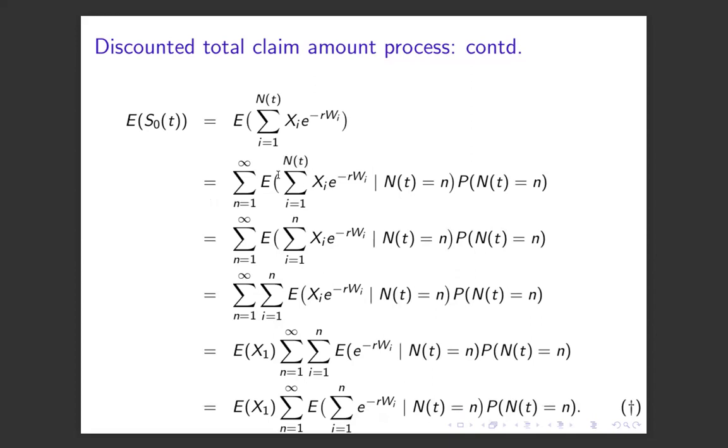So it is this object: summation over n going from 1 to infinity, expectation of summation i going from 1 to NT of Xi times e to the power minus r Wi, given NT equal to n, multiplied with the probability of NT equal to n. If NT is equal to n, in this expression you can replace the NT here by n. That's what we are doing here.